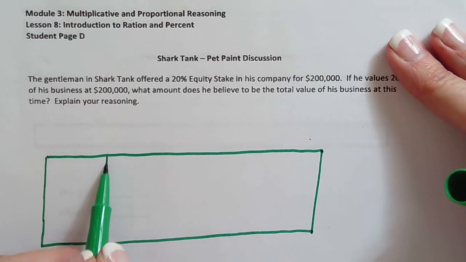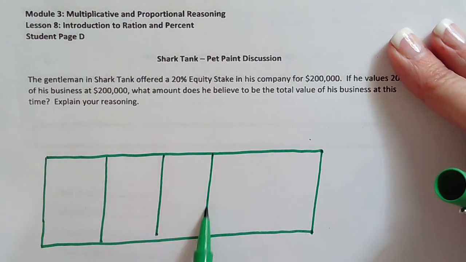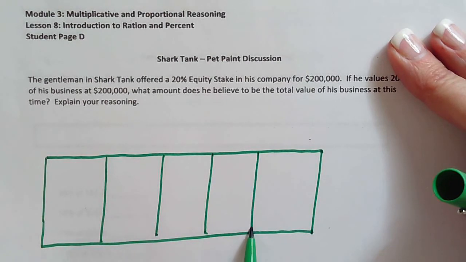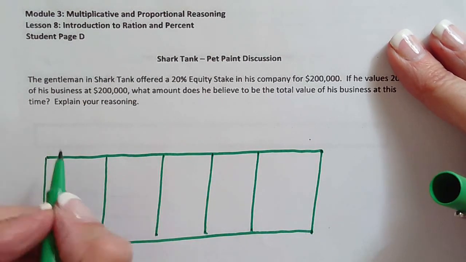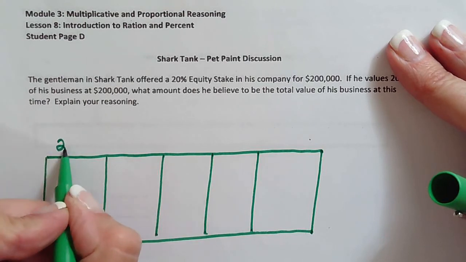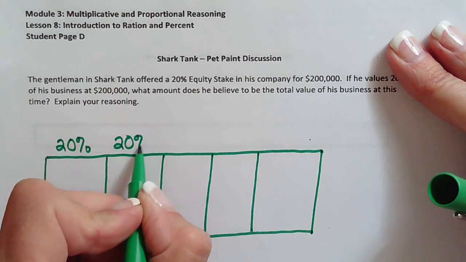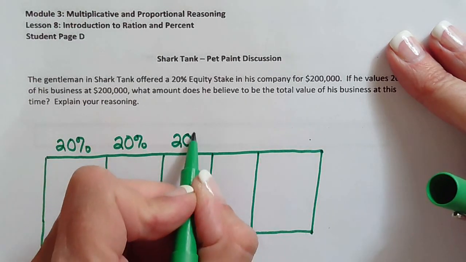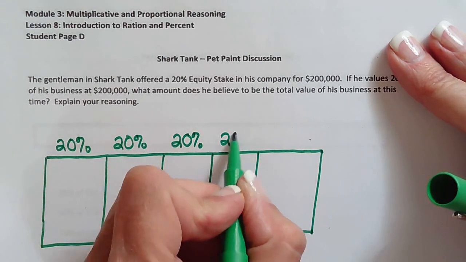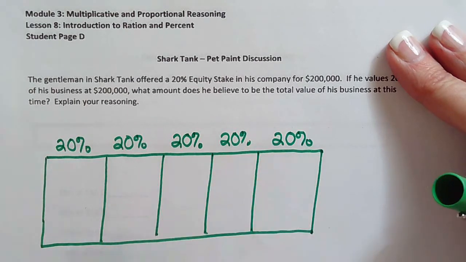Okay, so 20, 40, 60, 80, 100. Each box is 20%.